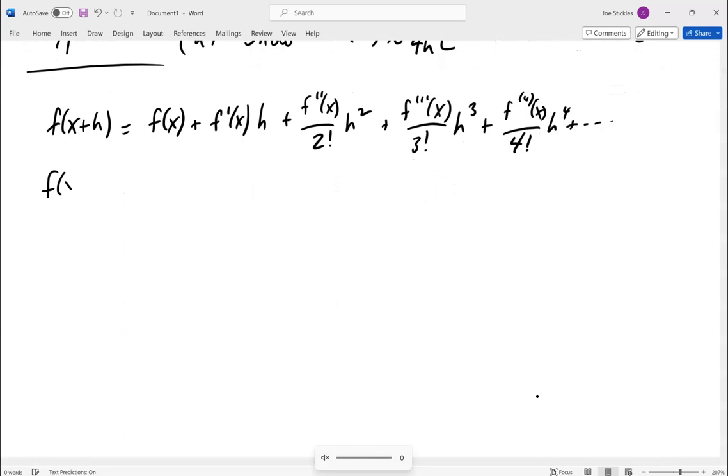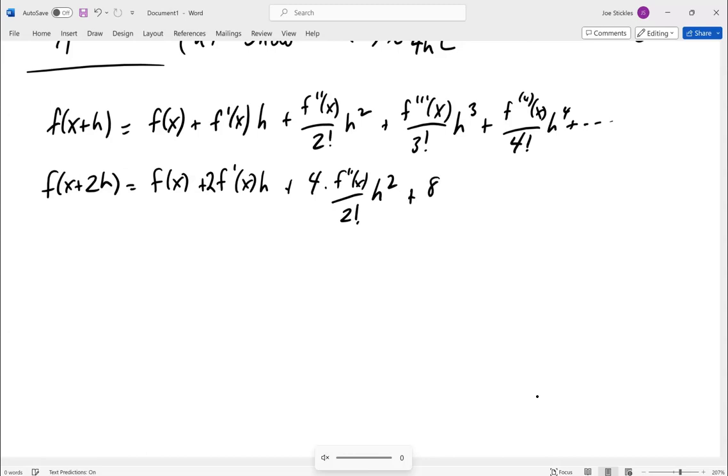So if we do f of x plus 2h, I'd have a 2 in front of my f prime of x. We'd have a 4 in front of your f double prime of x.